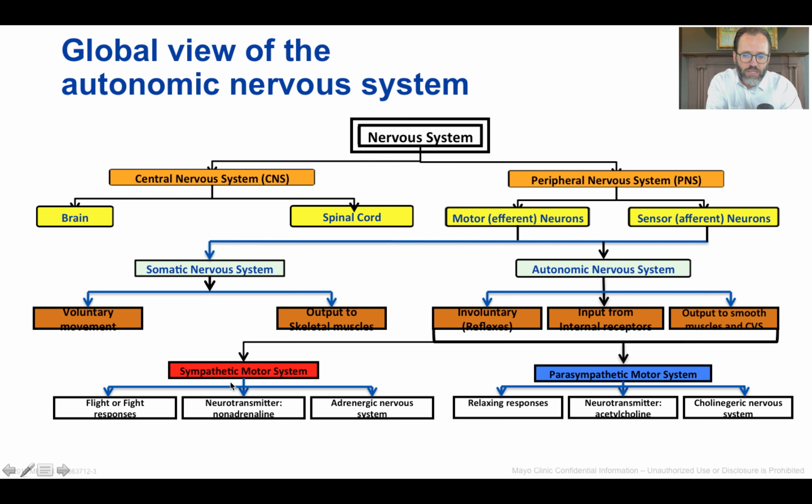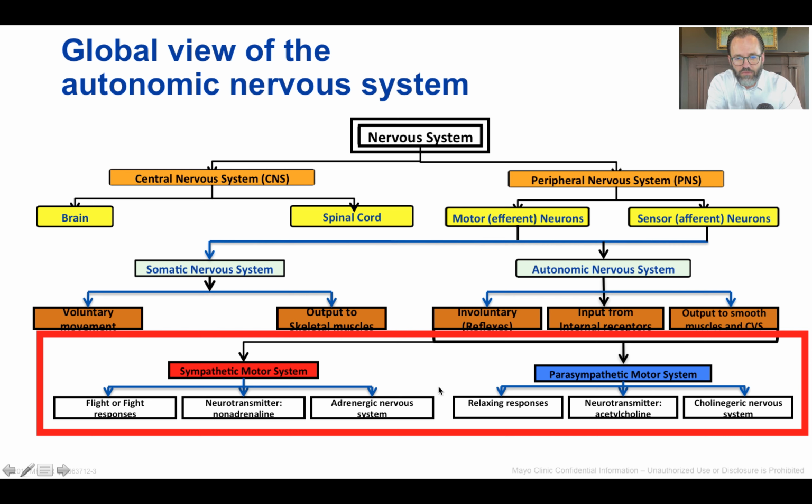The major neurotransmitter there is noradrenaline, and it's considered to be an adrenergic nervous system, whereas the parasympathetic nervous system is more of a rest and digest system. It increases gastrointestinal motility and things along those lines, with the primary neurotransmitter here being acetylcholine, and therefore it is a cholinergic nervous system predominantly.